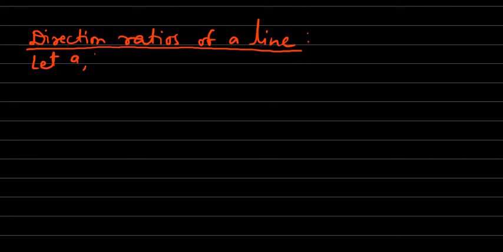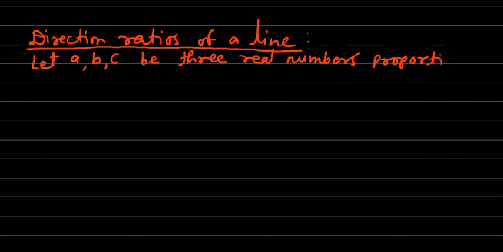Let A, B, C be any 3 real numbers which are proportional to the direction cosines L, M, N of a line.